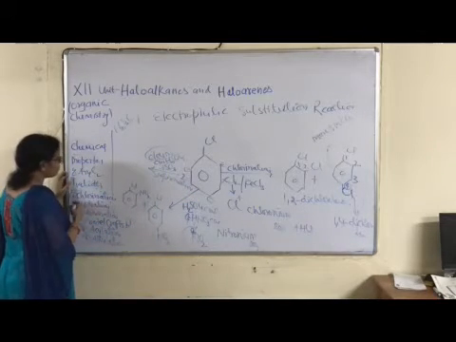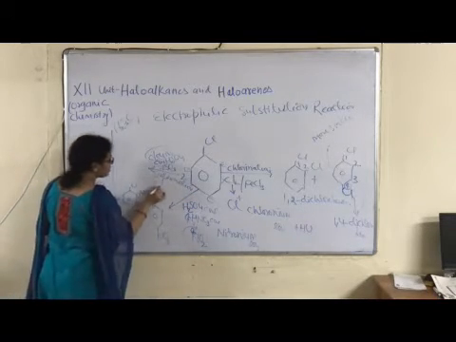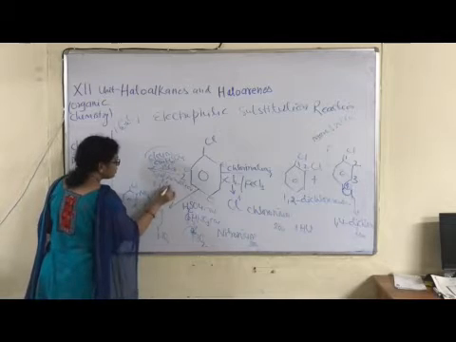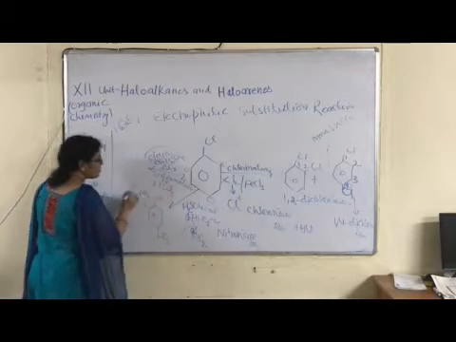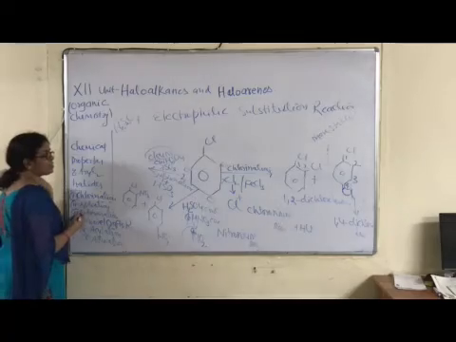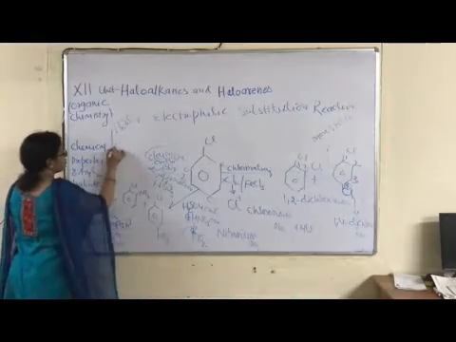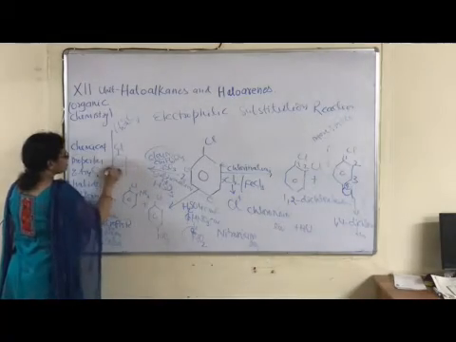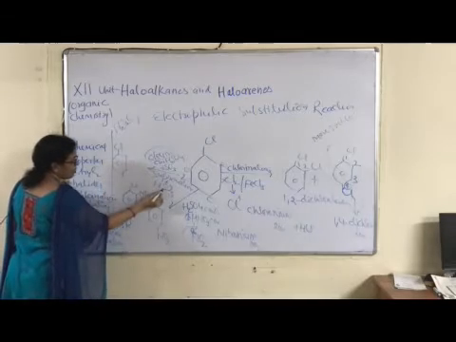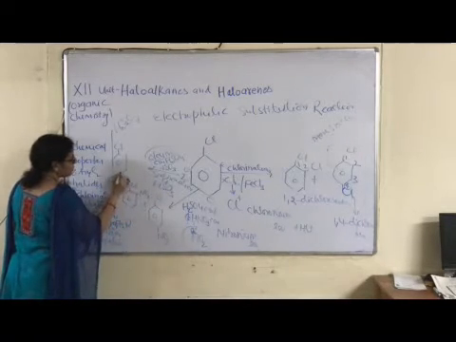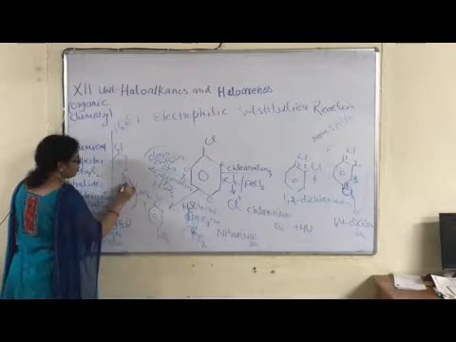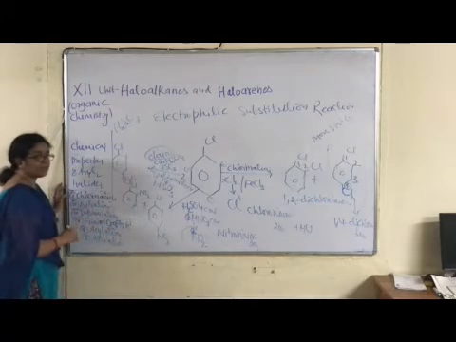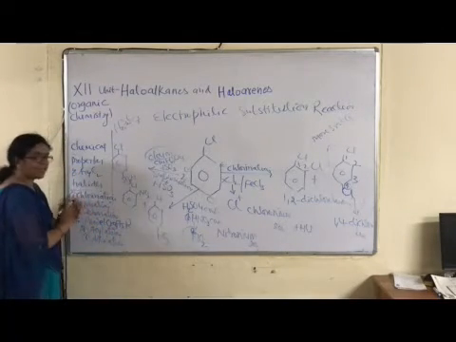Sulfonation is the attack of the sulfonium ion, and the sulfonium ion is SO3H plus. Positive charge is present on which atom? Sulfur, because the reaction is electrophilic. And what is obtained? Sulfonic acid. Attach this positive part with carbon of benzene, SO3H. This is the wrong structure, wrong attachment. Sorry, this is the right attachment.